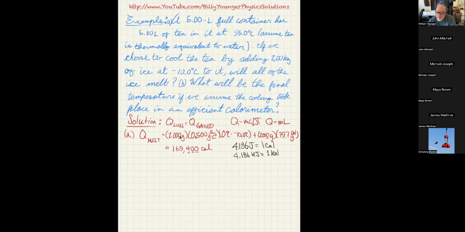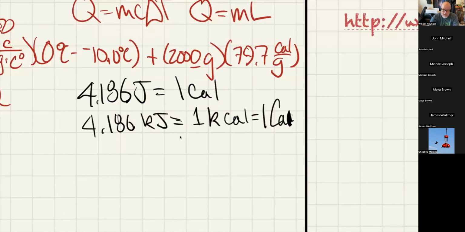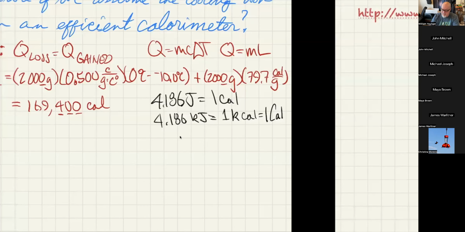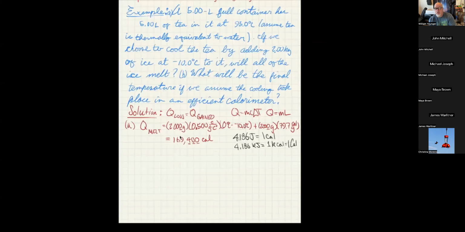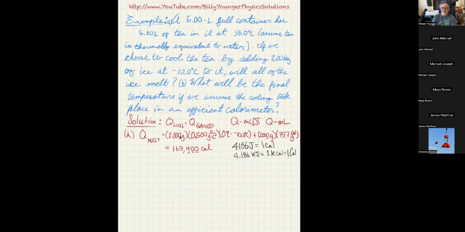And 1 kilocalorie, by the way, we often abbreviate as 1 calorie with a capital C, and that's the dietary calorie that we use as well. So when we say calorie and we're talking about Oreos, for instance, we mean kilocalories, or calories with a capital C. So that's part of the reason why it's so hard to lose weight, because you're dealing with kilocalories.